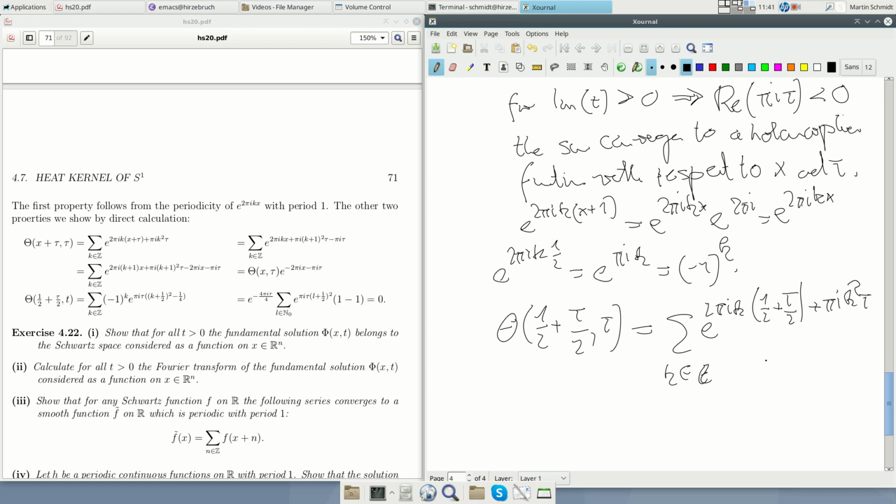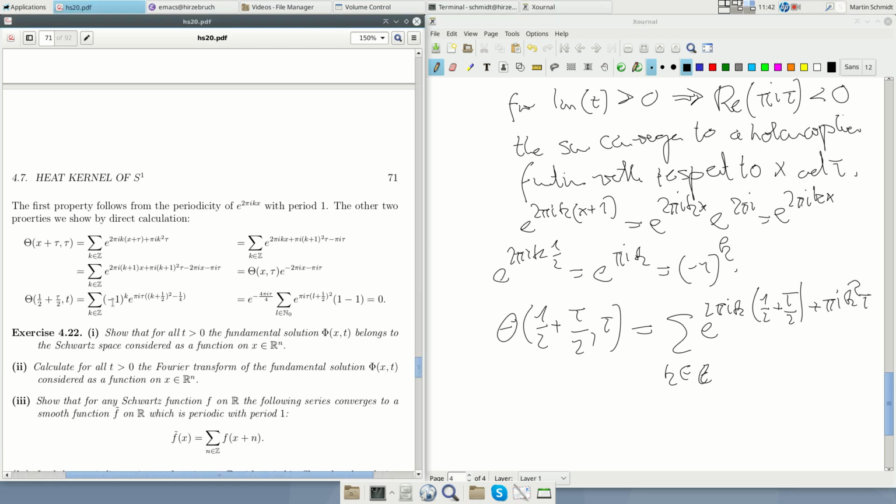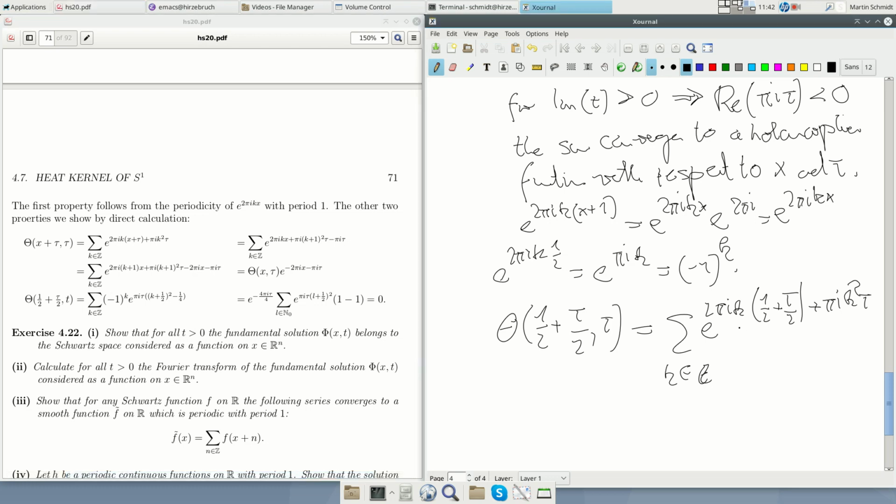This is just the definition here. This first factor gives minus 1 to the power of k. This is this first factor, which we calculated here.